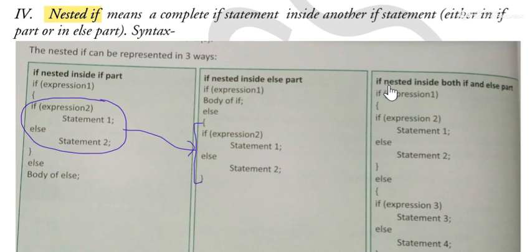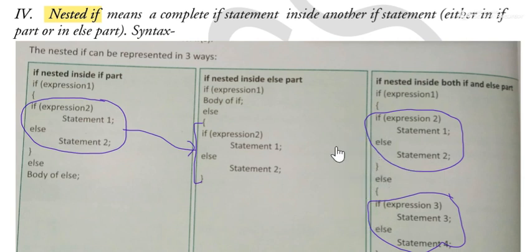And now the third syntax: an if statement is nested inside the if part and another if statement is also nested inside the else part. That means one if statement is nested in the if part and another if statement is nested in the else part.